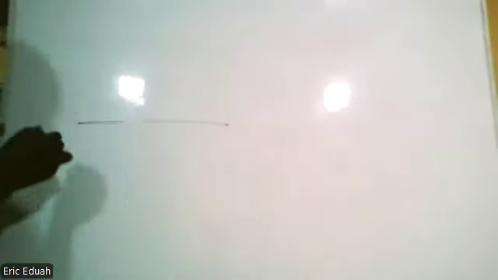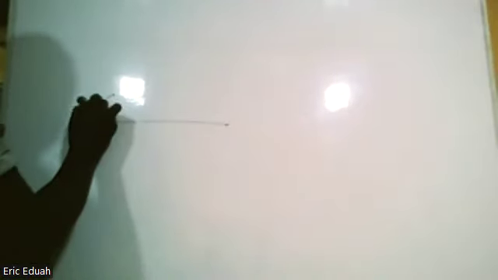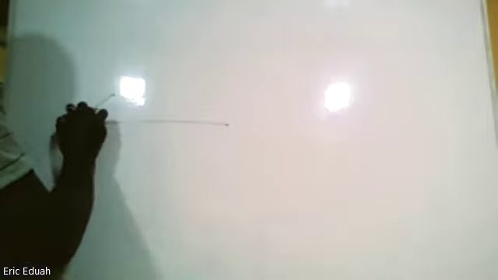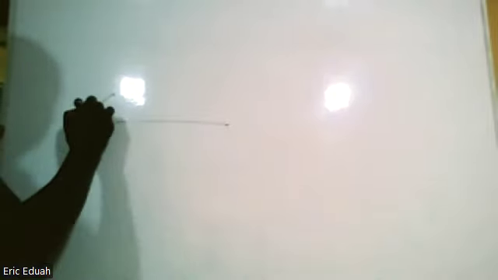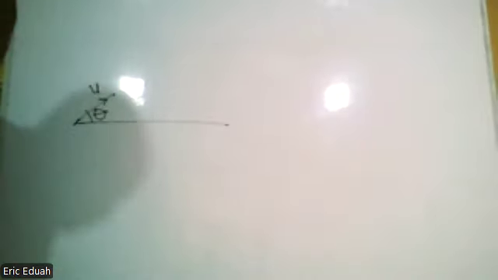A baseball is projected at an angle theta and given an initial velocity u. Then what is the velocity of the baseball at its maximum height?